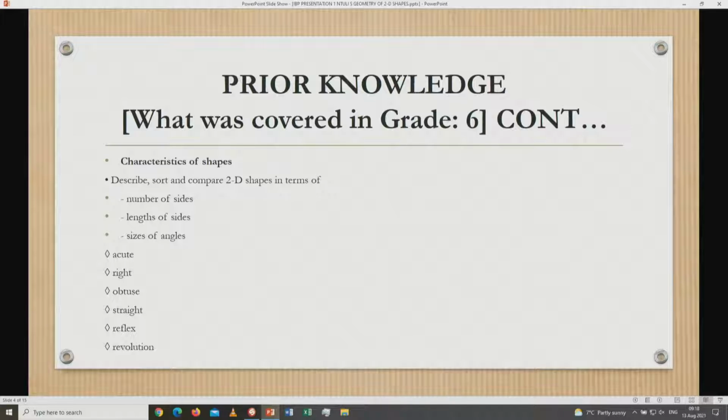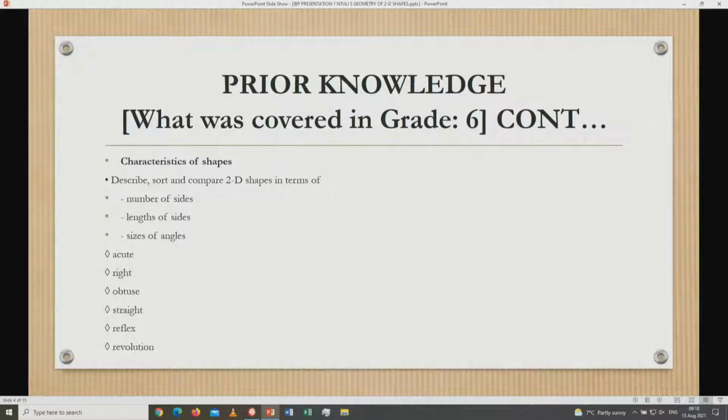All this that I just read with you guys is what we have already covered in grade 6. So if we have forgotten some of the things, it will bring to our minds that, okay, this is what we are going to talk about today, and how it links to what we are going to be doing now in grade 7.